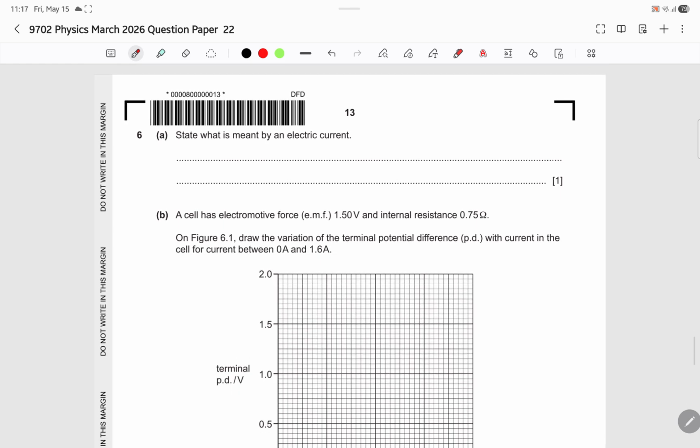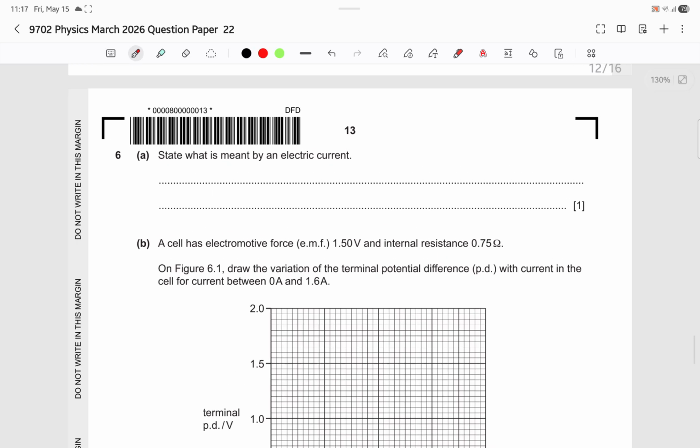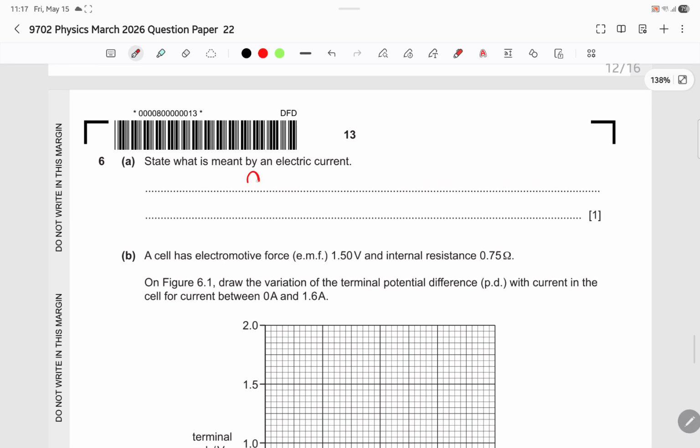Now, moving on to electricity. State what is meant by an electric current. So it's basically the flow of charge per unit time.